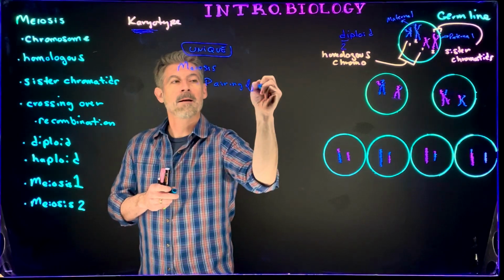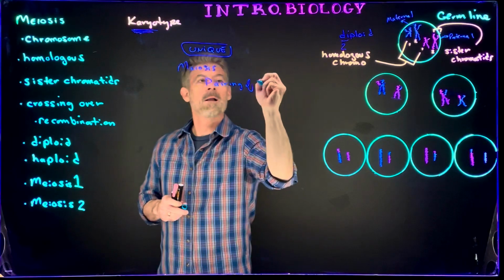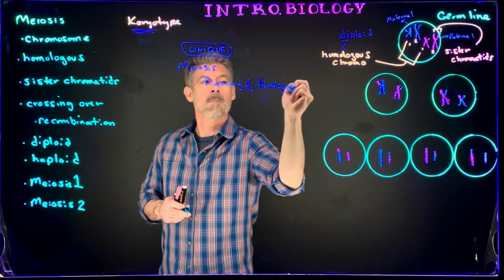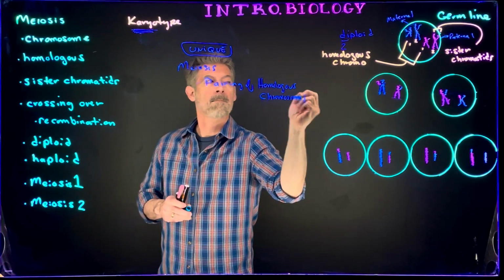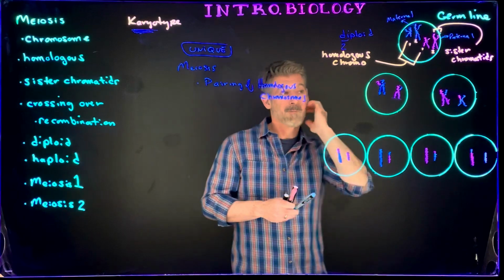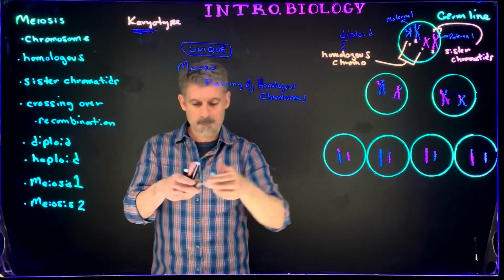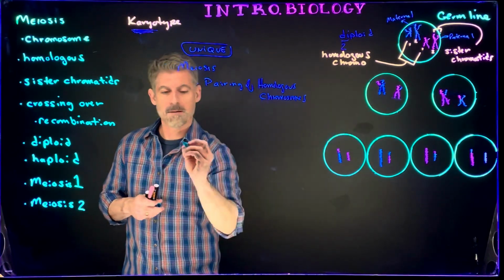We have a pairing of homologous chromosomes. So that means the 2 chromosomes that are, so now I'm going to bring this over here before we get to the next stage. I'm going to show you how we get to this next stage.